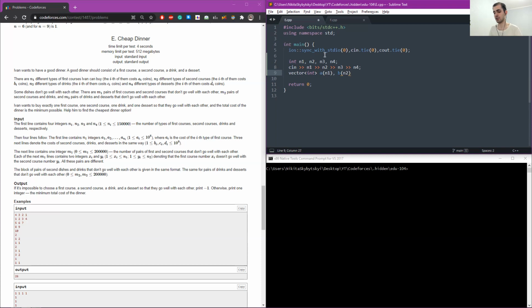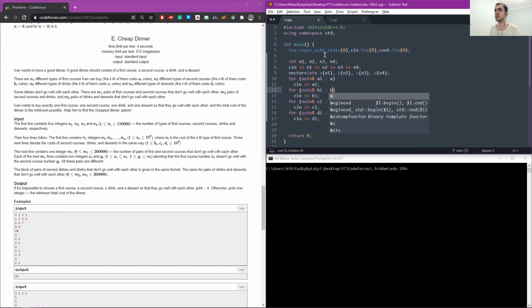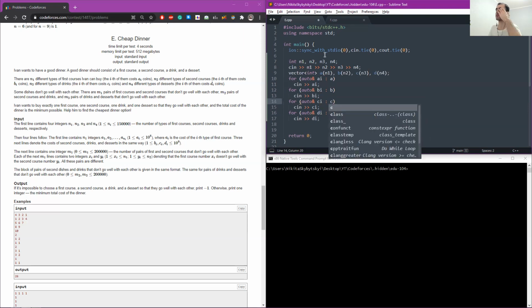Yes, the naming convention for this problem is pretty awful, but sometimes we've got to do what we've got to do, and this is the case. That should have been C.